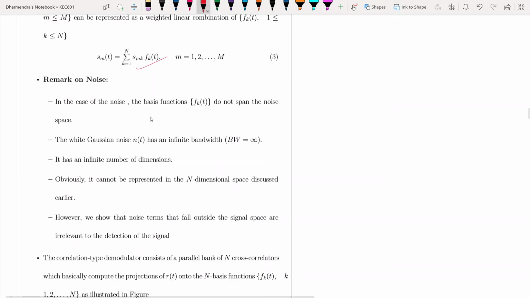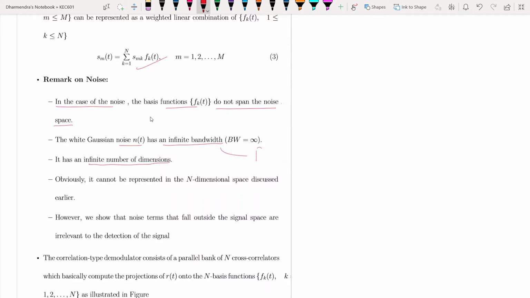Remarks on noise. In the case of noise, the basis functions f_k(t) don't span the noise space, because white noise n(t) has infinite bandwidth, so it has an infinite number of dimensions.